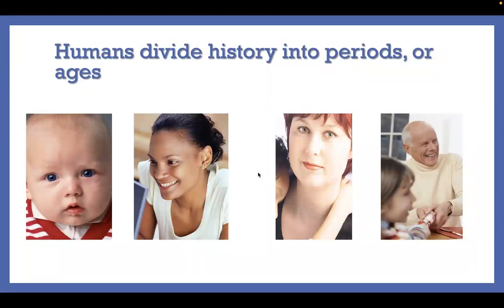So as you can see by these pictures, we're looking at the normal ages that a human goes through. They start off as a baby, go through their teenage years, become an adult, and become an old adult, and eventually die. But what we're after is, how do we define these different periods?